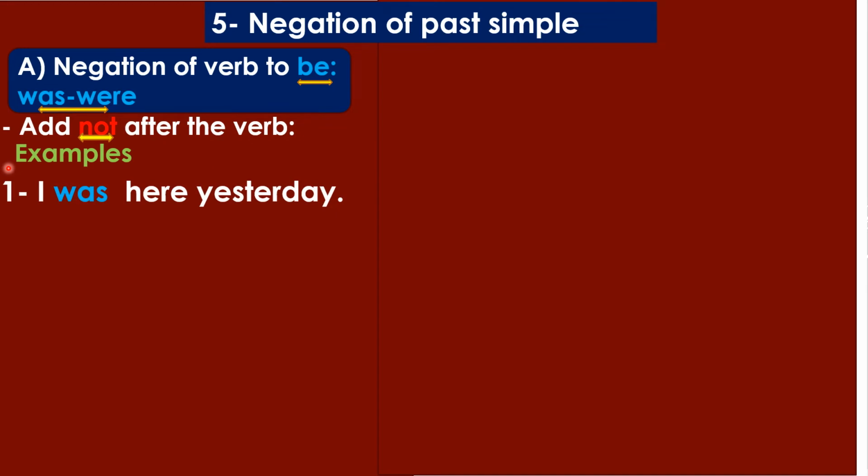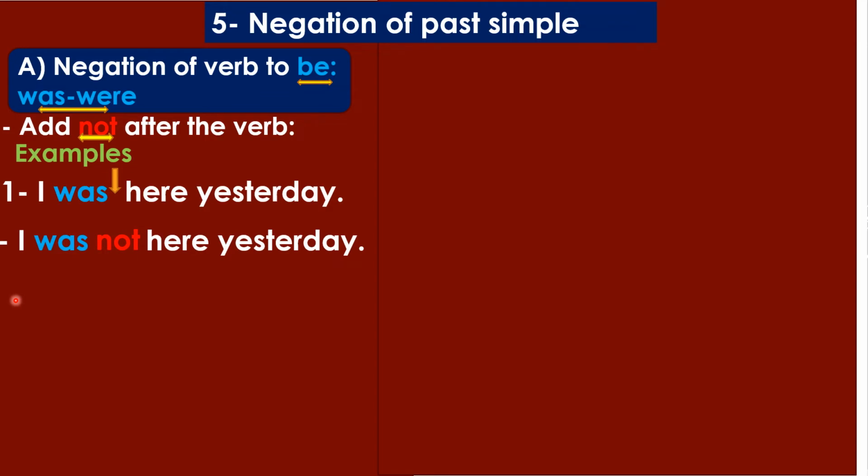I was here yesterday. This is the first example. I was here yesterday. So how are we going to change this into negative? What we're going to do is that we're going to insert or put not after was. Okay? هنا طبعا عندي جملة I was here yesterday. اللي هعمله أنا هحط not بعد was. So let's see what's going to happen. So I was here yesterday. So I'm going to use not.